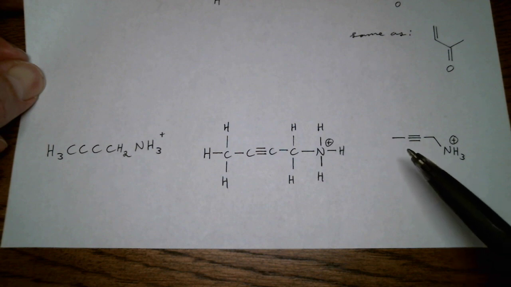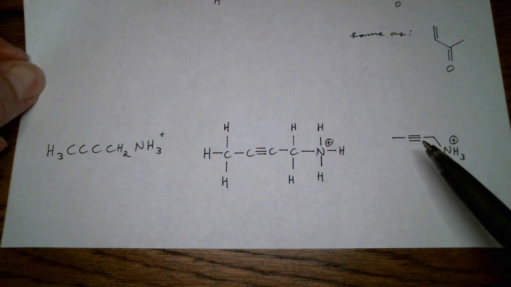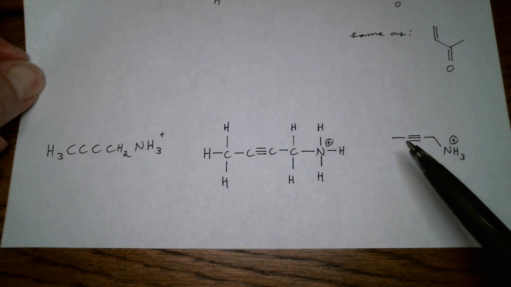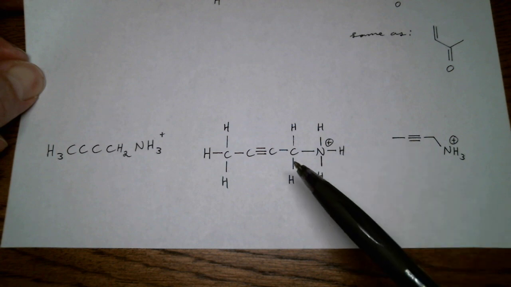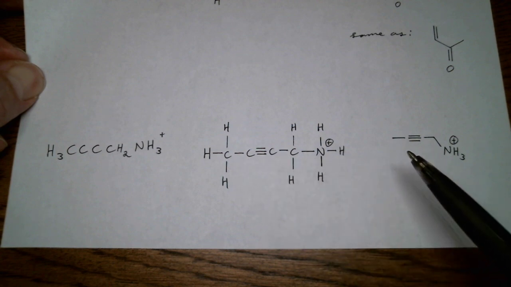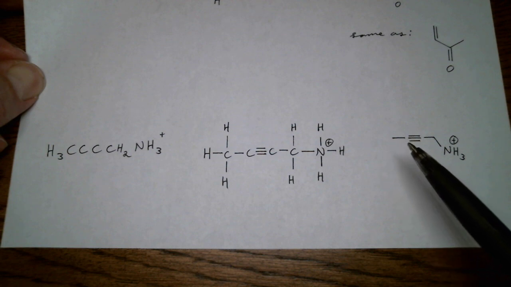It's kind of strange when we draw out the bond line structure because we're used to seeing carbon in our bond line structures possessing some sort of vertex in terms of its bonding, but we have to remember that the carbons involved in the carbon triple bond carbon possess a linear geometry because they're sp hybridized.